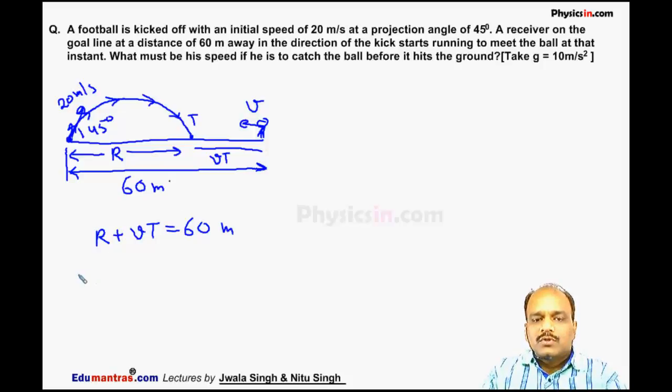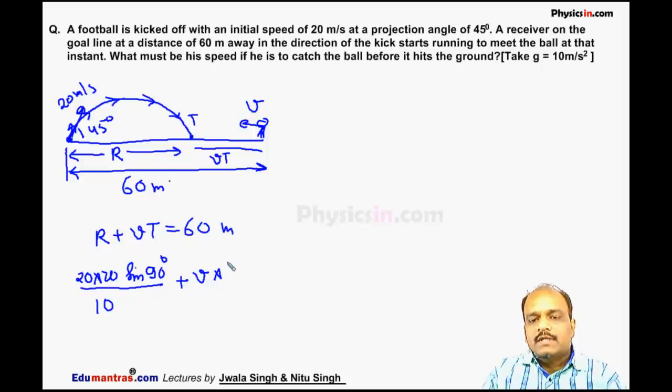So range is u square, means 20 into 20, speed of projection, u square sin 2 theta. We know sin 2 theta means sin 90 degree. U square sin 2 theta by g is 40, plus v is not known, times the time of flight.